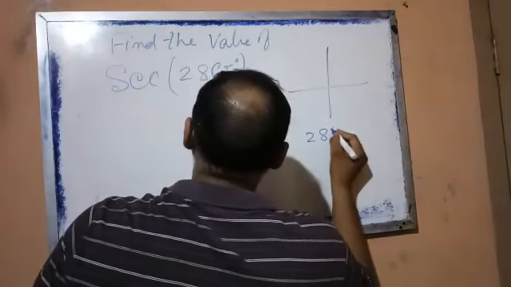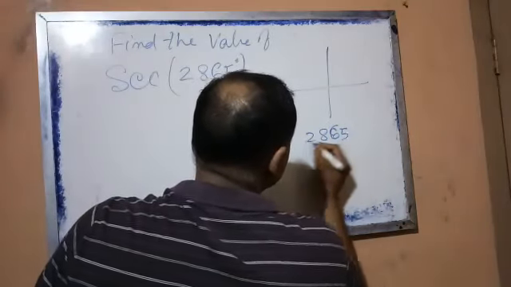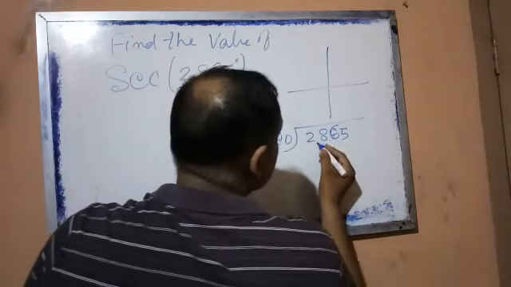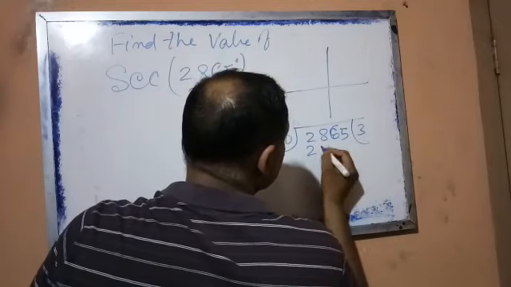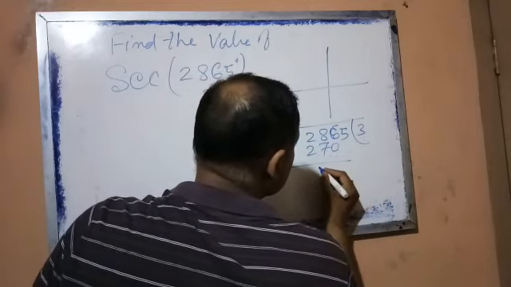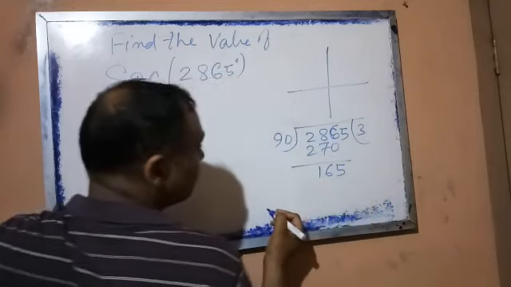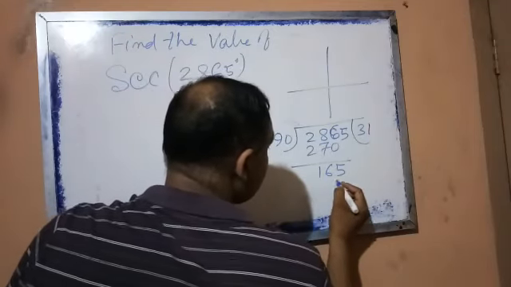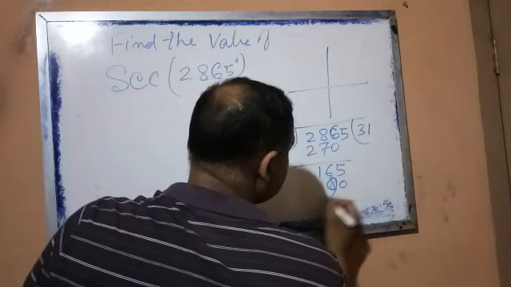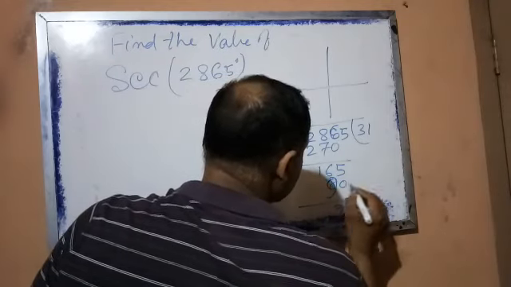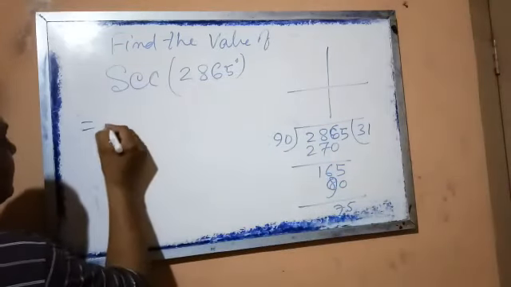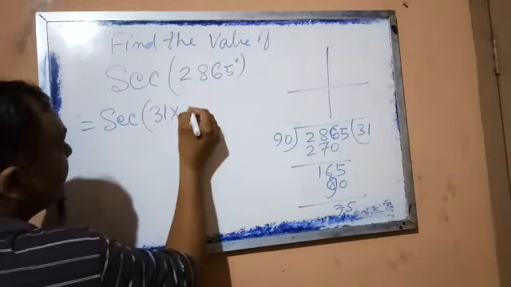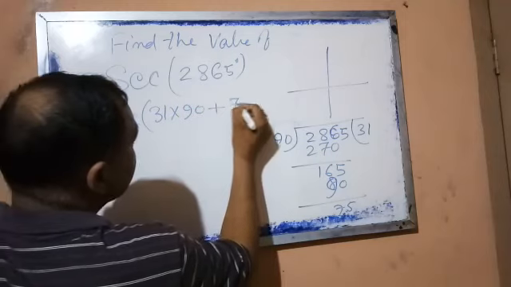So 2865 by 90, 9 3s are 27, 270, 165, 9 1s are 9, 90, 75 is coming. So we'll write sec 31 into 90 plus 75.